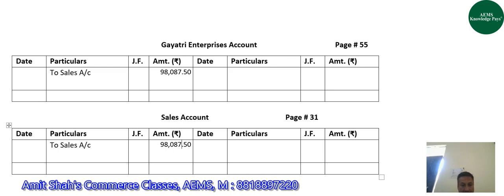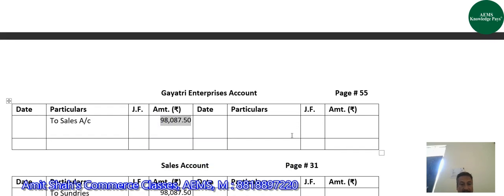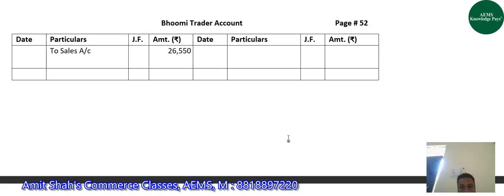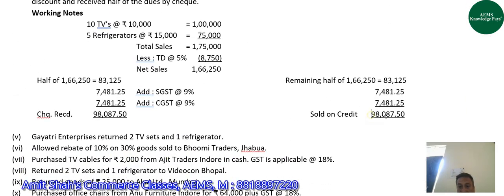Sir, the amount in Gayatri Enterprises, 98,087.5, sir, it will be more, no? That is only 50% of the sales. Yeah, we have taken 50% only. Why are we recording only 50%?